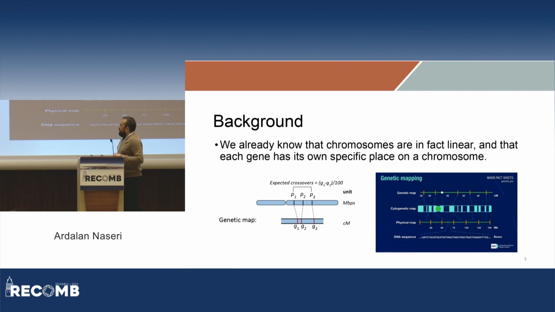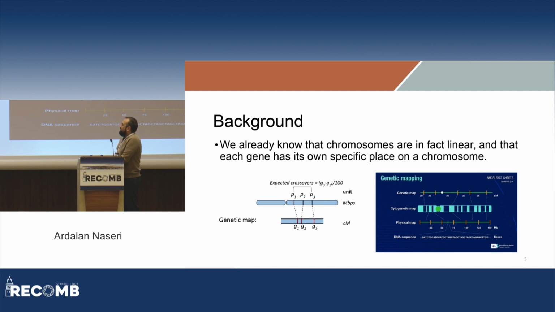So nowadays, we know that the genome is linear, and when you talk about the genetic distance, it's usually the recombination rate between two genomic locations. In this example, P1 and P2 are the physical locations, and the physical distance is in units like base pairs or million base pairs, but the genetic distance might be a lot shorter or bigger based on the recombination frequency.